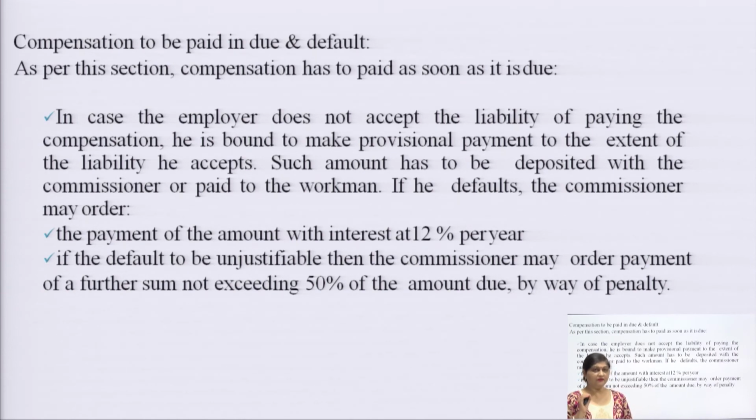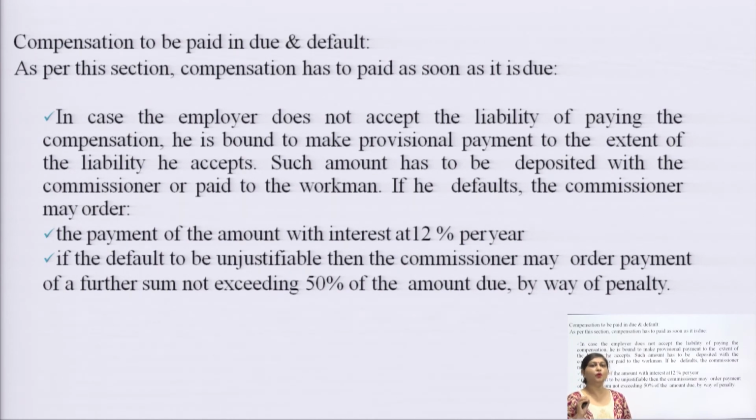If the employer defaults in making the payments, the commissioner may order the payment of the amount with interest at 12% per year. Now, see, in this case the commissioner will come into the picture, and he will take care of all the issues related to compensation in case of any accident occurring in the organization.